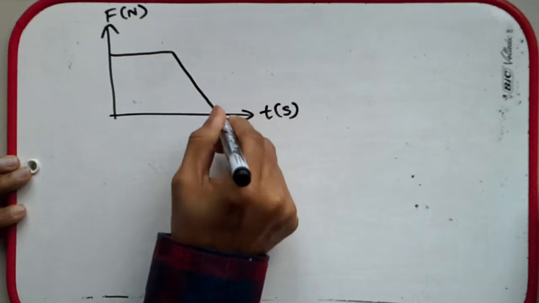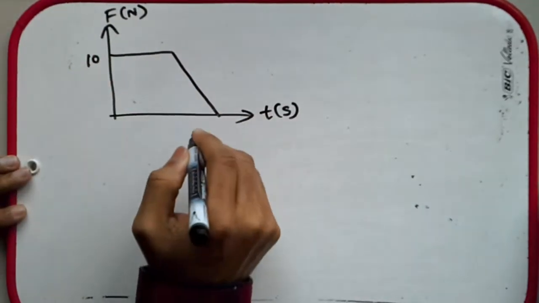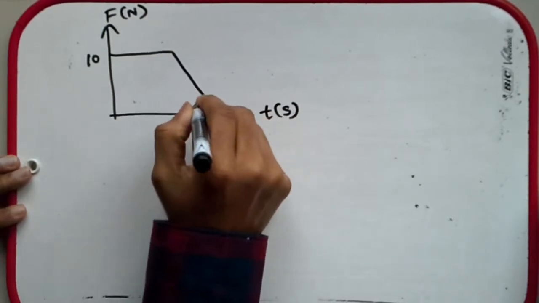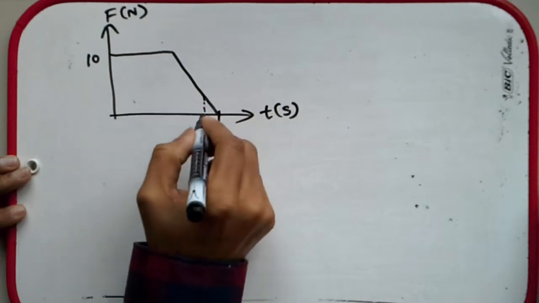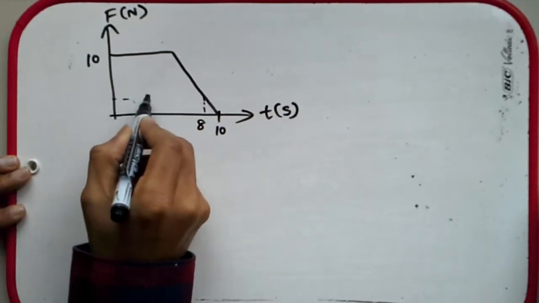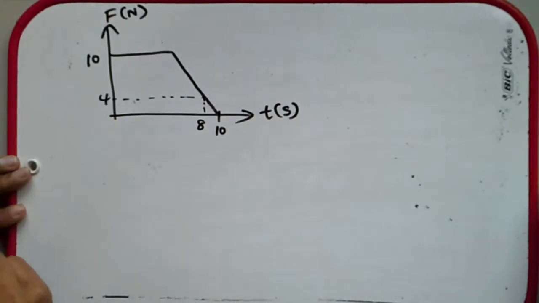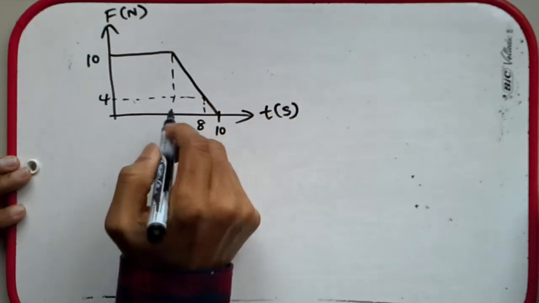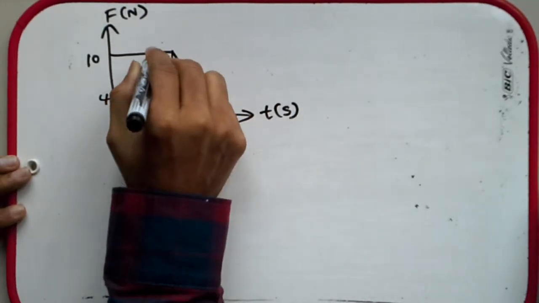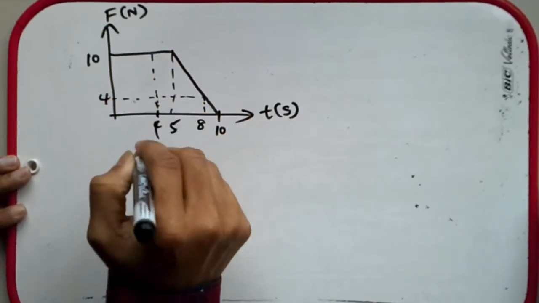The force varies with time. So this is 10 Newton, and here 10 seconds, and here somewhere you have 8 seconds. The corresponding force at 8 seconds is 4 Newton, and here it is exactly 5 seconds, this point, and here it is 4.